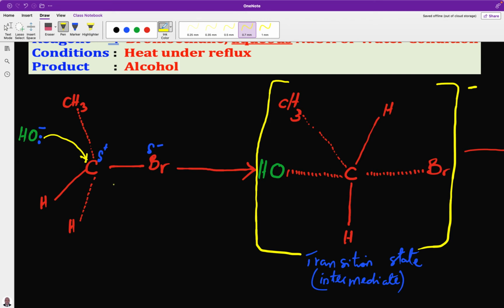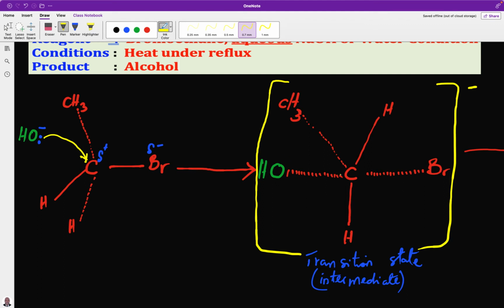But remember, as the nucleophile is approaching, trying to form a bond with carbon, bromine too at the same time is trying to split. So the attachment and the splitting are taking place at the same time.